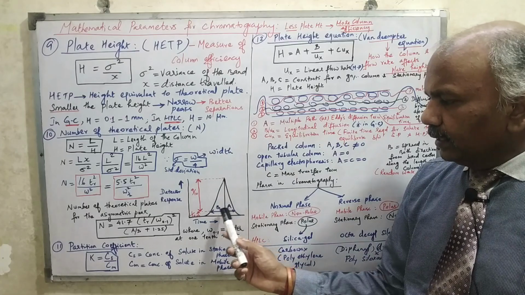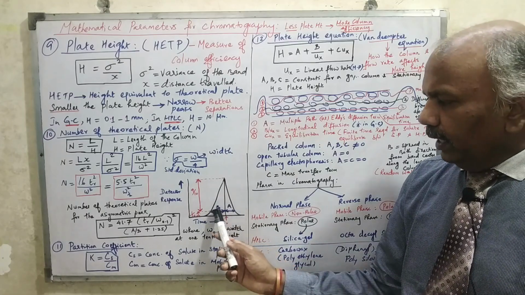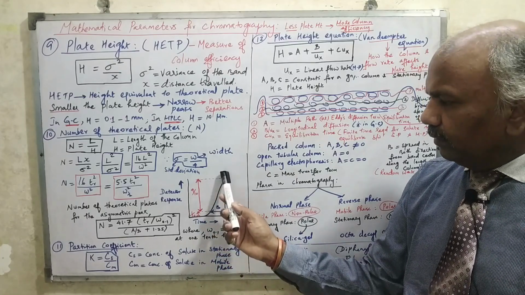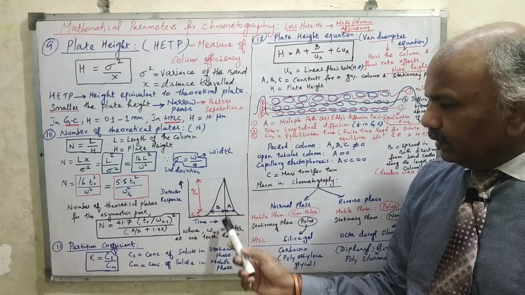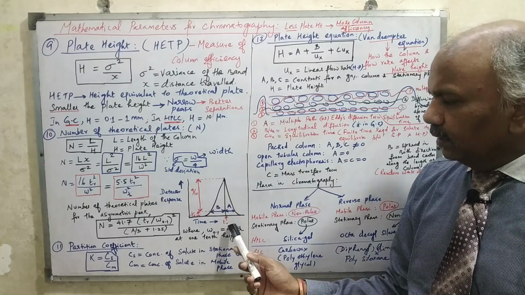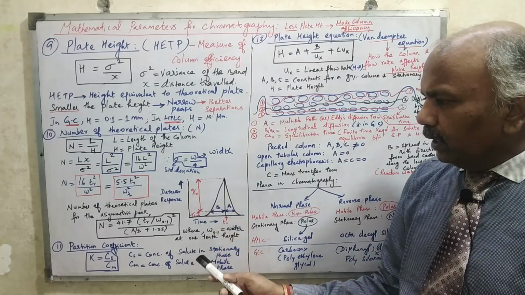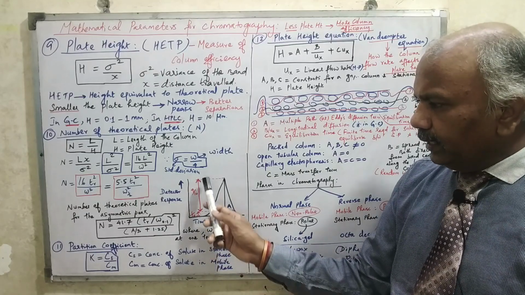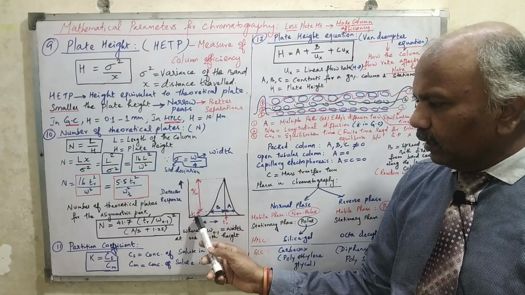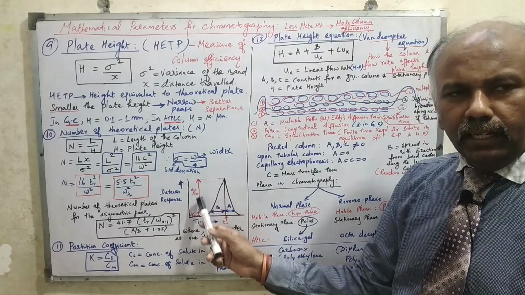So there is a variation, it is not having symmetry. The distance, if you see that, is not uniform, there is an asymmetry between B and A. And the retention time is the center part, that is the TR. Now if you look here, this is the height of the peak. This is 1/10 of the height and this is 9 by 10 of the height of the peak.